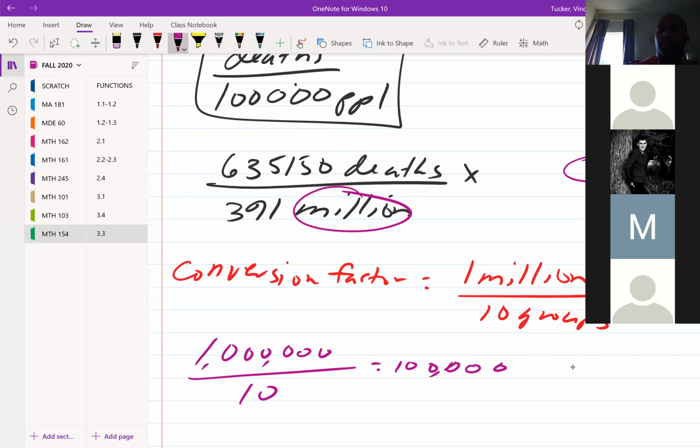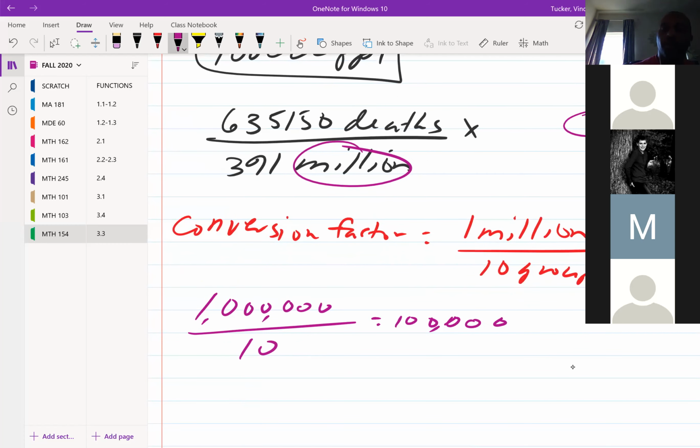So what I can do is let one group, or in other words, this conversion factor, equal 100,000. So 1 million over 10 is 100,000. And so I'll let a group represent 100,000.